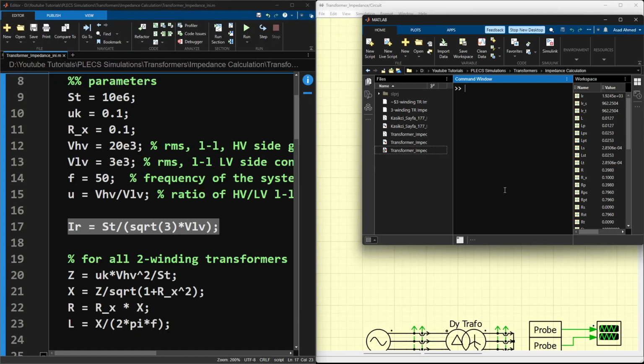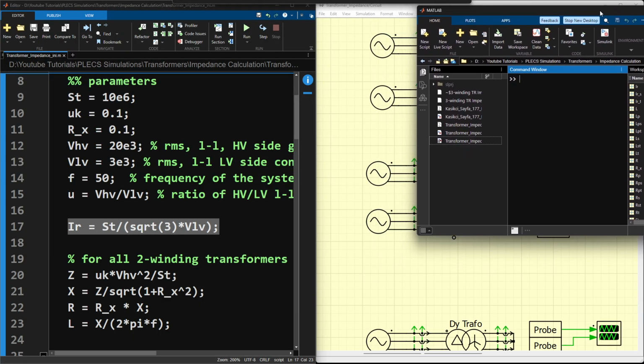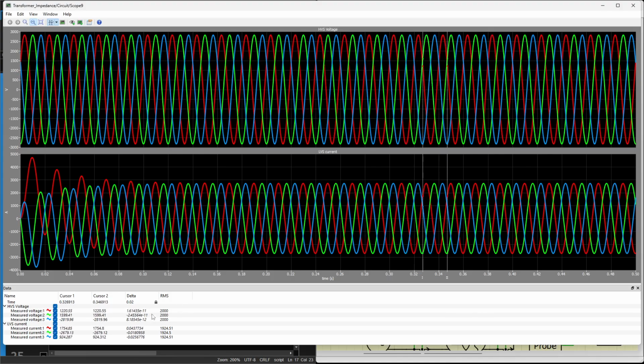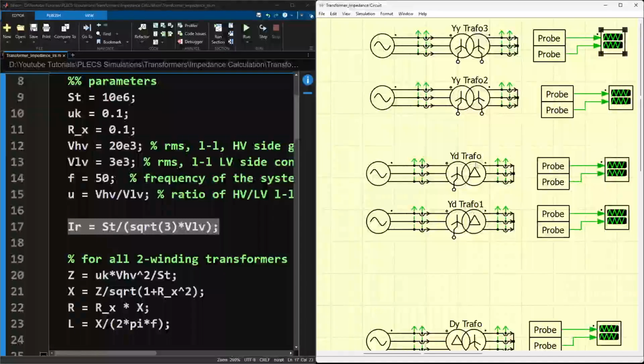If we check IR, the value is now 1.9245 kiloamperes, and from our graphs it was exactly this value, 1.924 kiloamperes. That means if we have the correct value of the impedance, then we get the correct value of the current on the secondary side.